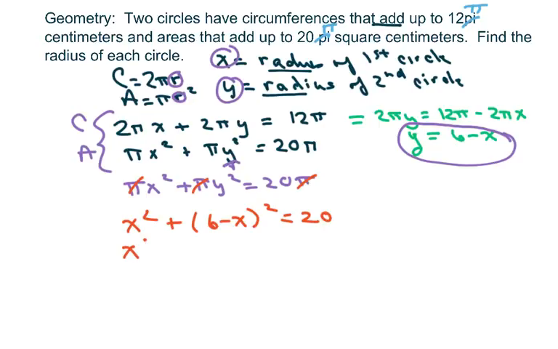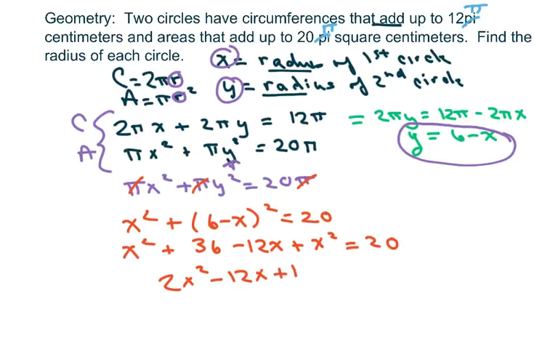And so you get x squared plus 36 minus 12x plus x squared equals 20. You clean all that up and you get 2x squared minus 12x plus 16 equals 0.